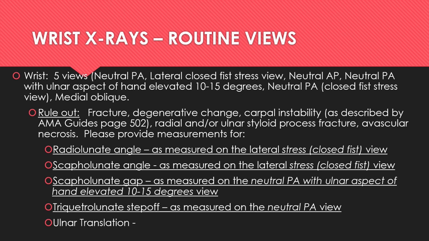Then also a neutral PA with the closed fist stress view, and then also the medial oblique. Okay? And I think that is actually 6 views: 1, 2, 3, 4, 5, 6. Yes, this should say 6 views.